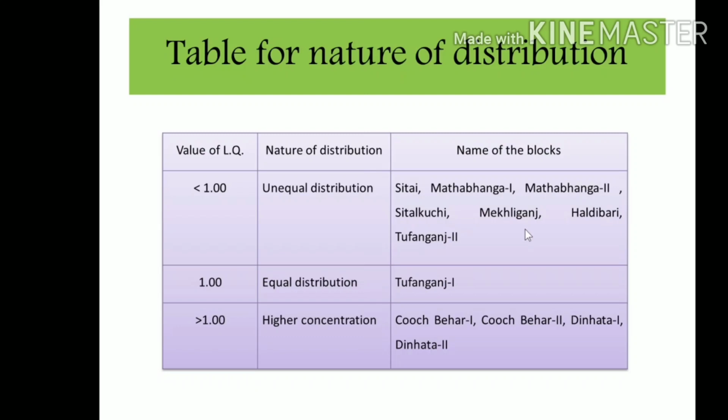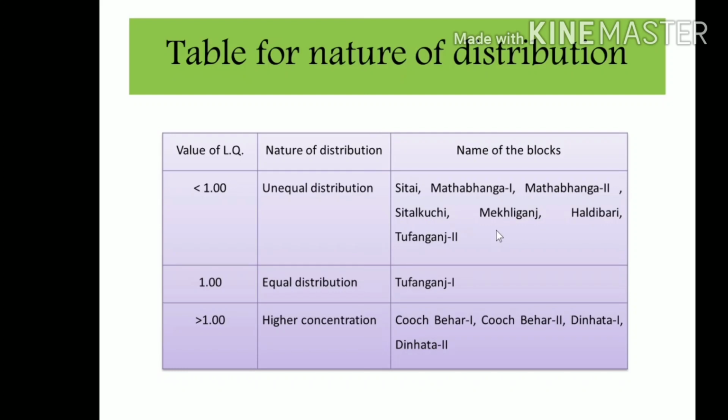And in the equal distribution, there is only one block, that is Tufanganj 1. And higher concentration, that is the value of location quotient more than 1, there are 4 blocks, that is Cooch Behar 1, Cooch Behar 2, Dinhata 1, Dinhata 2. And using this table, you have to represent the result through a choropleth map.